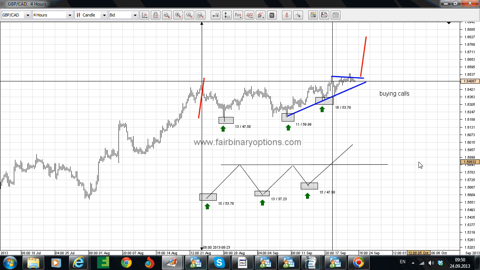risk aversion. What's to be done also when looking at continuation patterns is to go on the lower time frames, like the 5-minute chart if you want to trade 60 seconds binary options, or 1 minute or 2 minutes binary options.